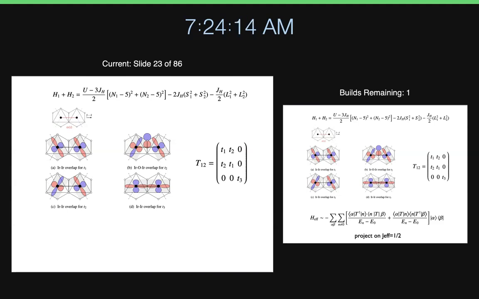This t1 is equal to each other because XZ and YZ are identical on one of these bonds. This hopping here is going to be a dominant one because the p orbital is the closest to the d orbital, and this hopping is represented by t2. Okay, and that's going to play a very important role. So bear in mind.